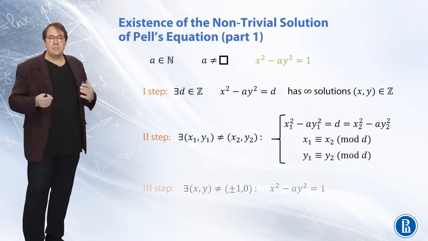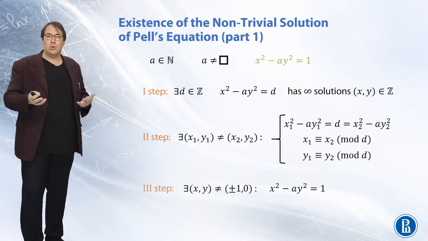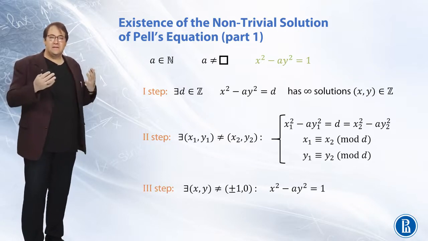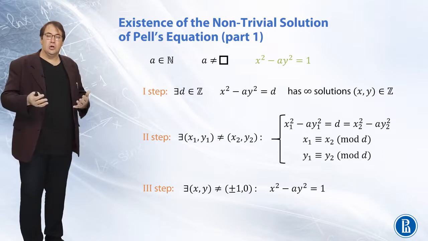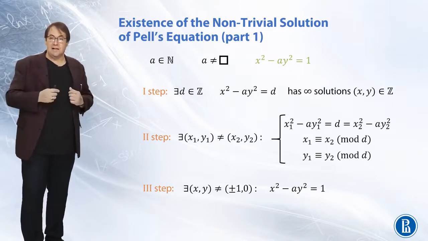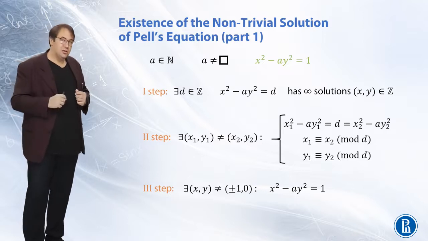And the third step will be to finally show that from all of the above, it really follows that there exists a solution of Pell's equation, a non-trivial solution.